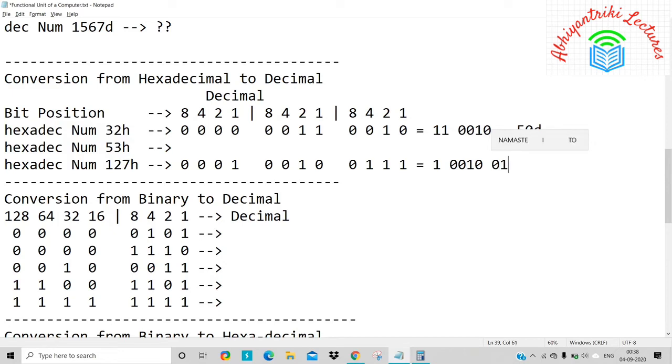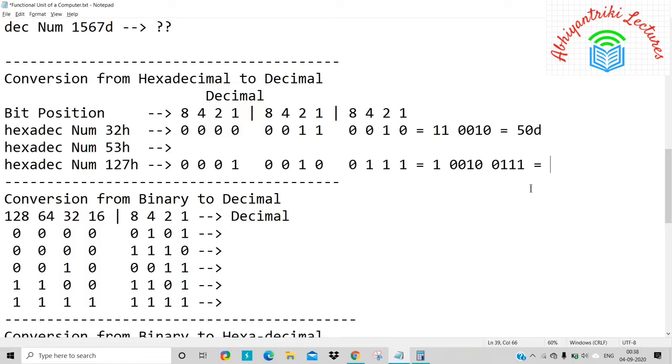is equal to. Now take these positions: 1, 2, 4, 8, 16, 32, 64, 128. So first write 128.